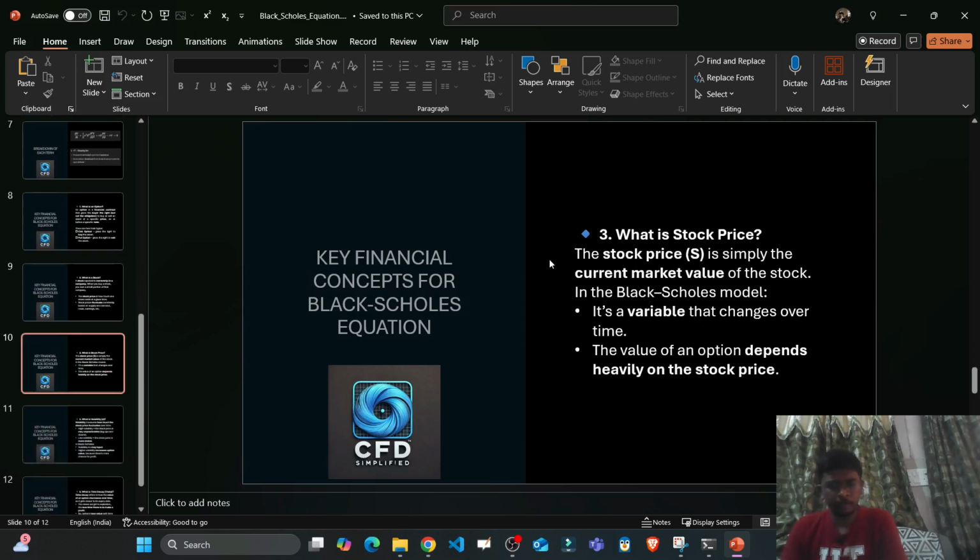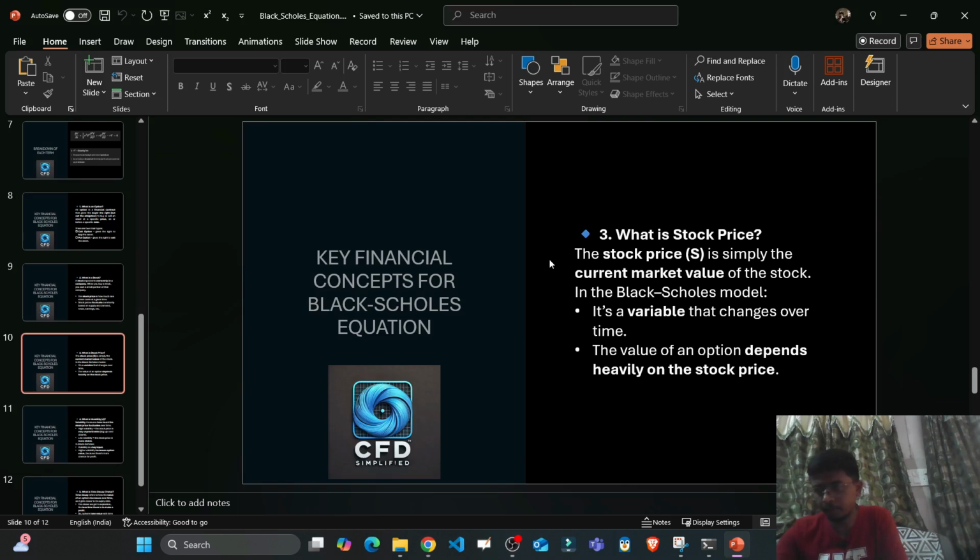Now let's come to the stock price. Stock price is simply the current market value of the stock. In the Black-Scholes model, it's a variable that changes over time. The value of an option depends heavily on the stock price.